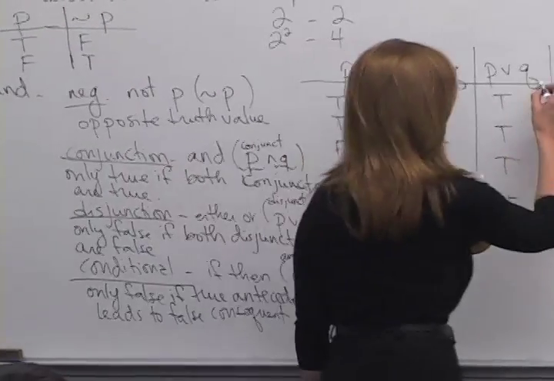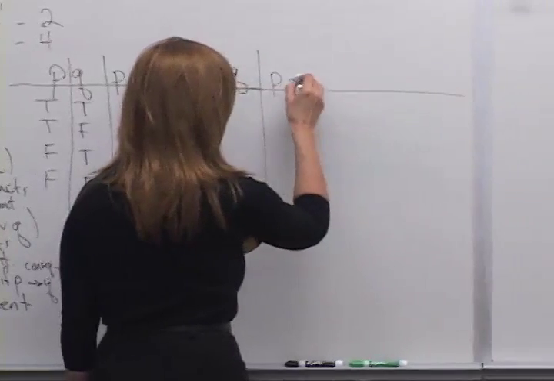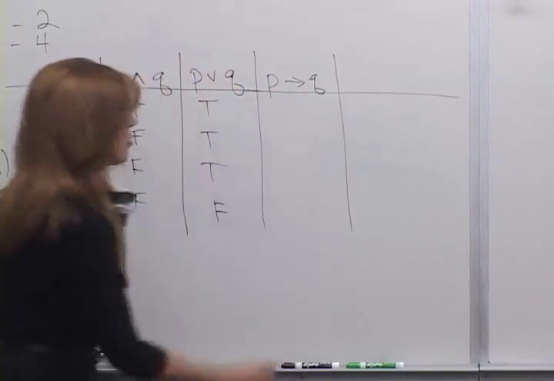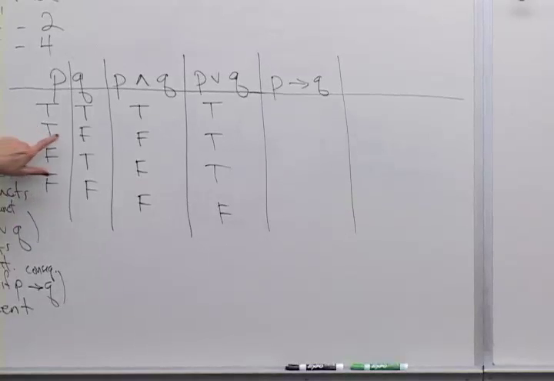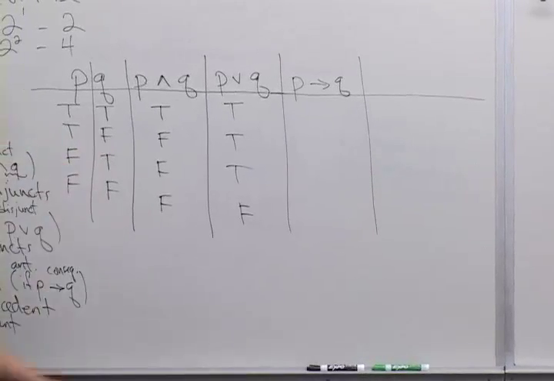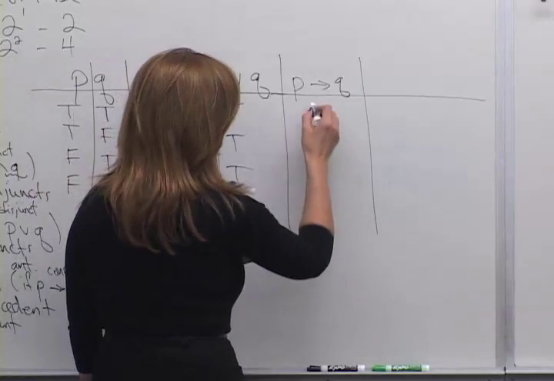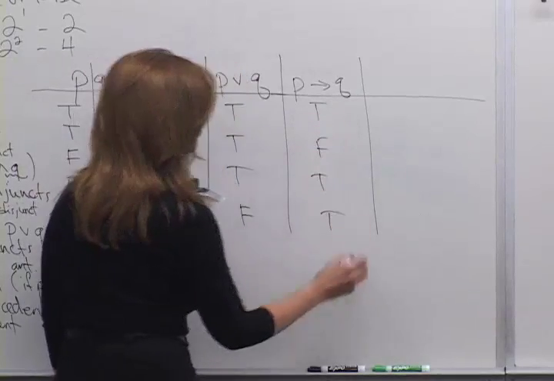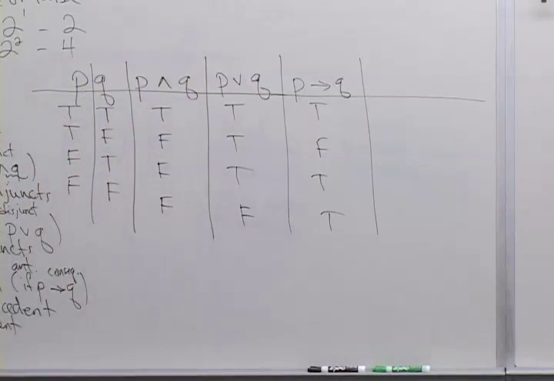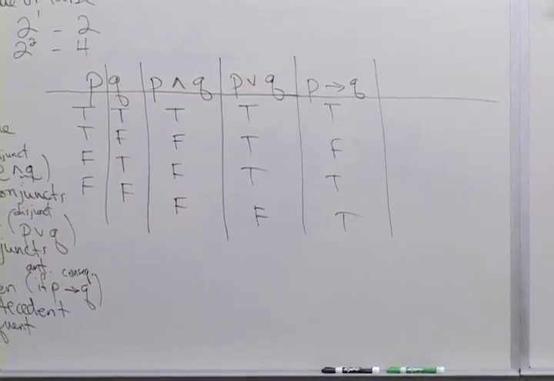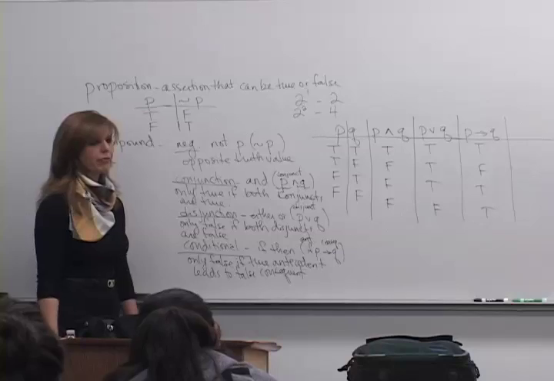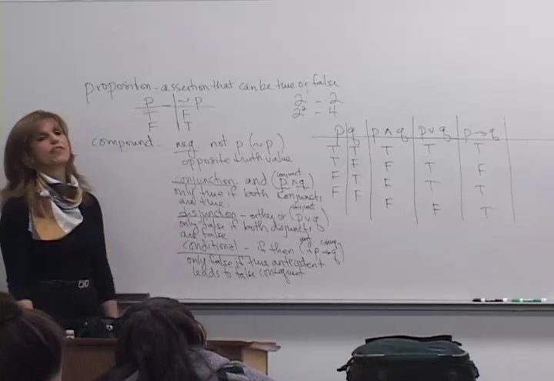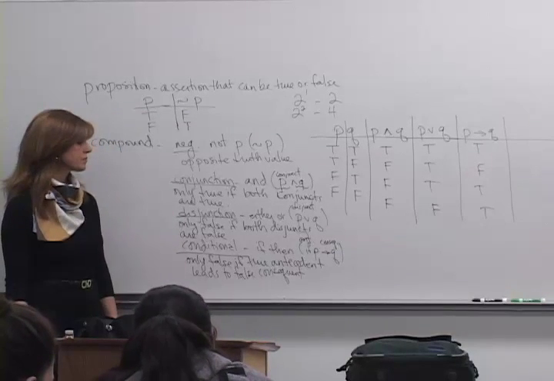So if P then Q, where is it going to be false? In the second line, because true antecedent leads to a false consequent. So here it's going to be false, otherwise it's going to be true. So a false antecedent can lead to a true consequence? And it's fine. And that would be true. But if true goes to false, that's going to be false.